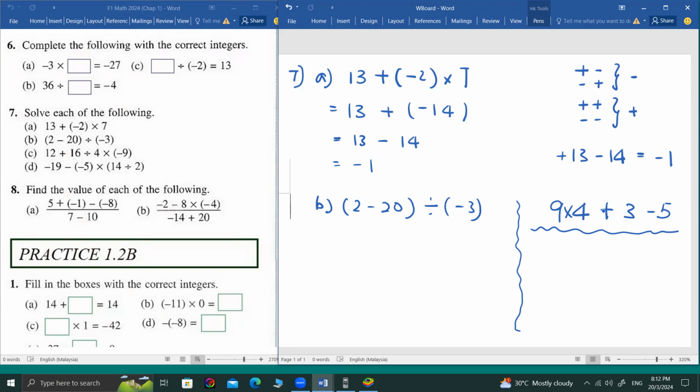Sorry, okay. So got students that copy like this. 你看啊，他这样做，这样是不可以的。You cannot do like that. You cannot say that, oh, 36 plus 3, 39. 39 then minus 5, 34. 不能。You can't write like this.